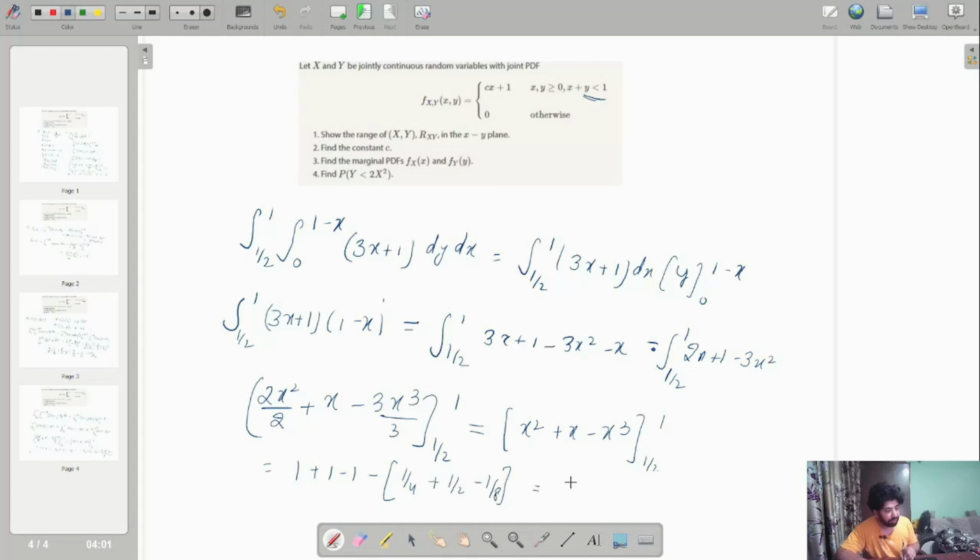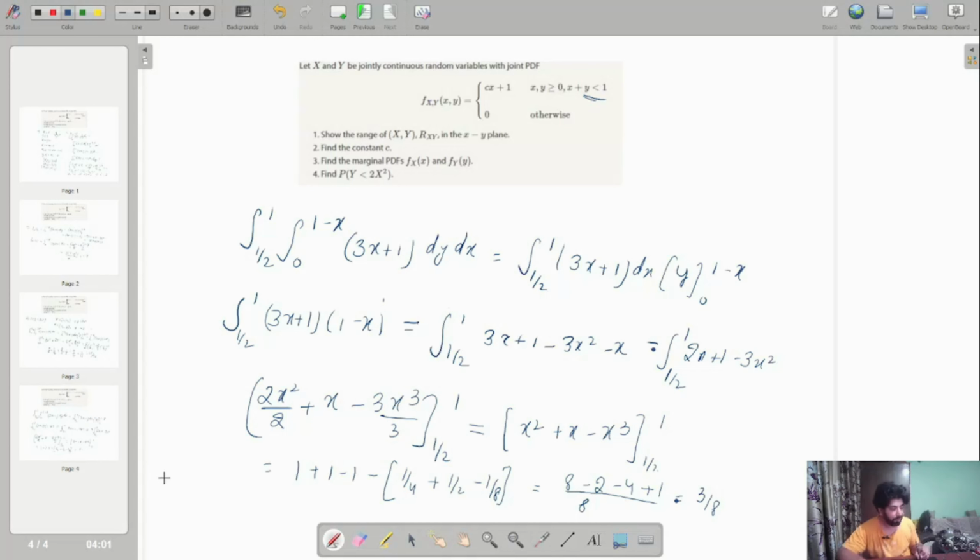So I can say this will be 8 minus 2 minus 4 plus 1 over 8. This all will be equal to 3/8.